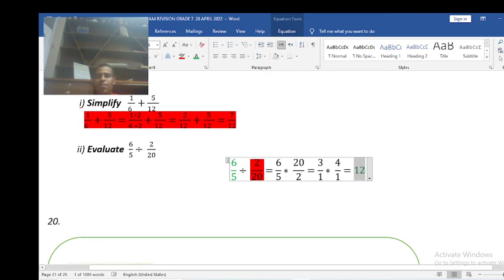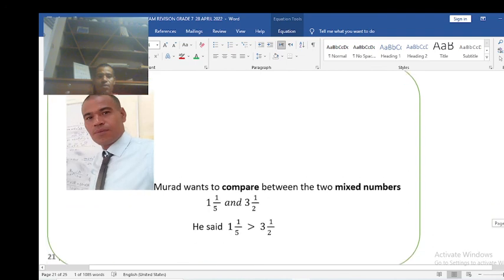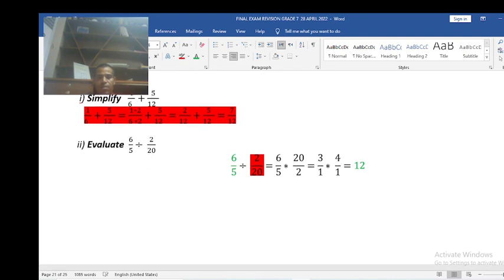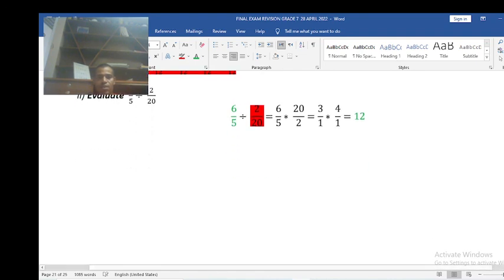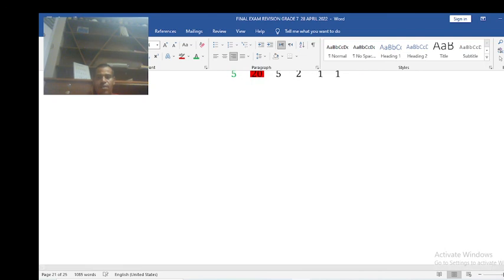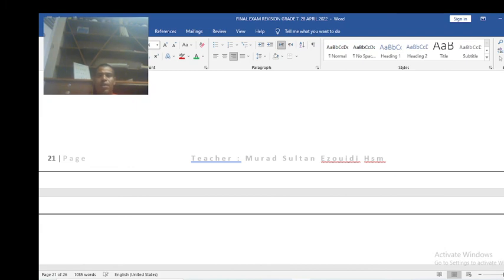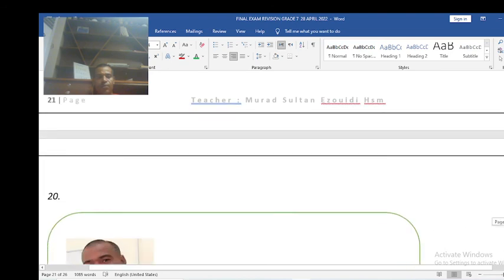Then we move to the next part, which is a very important part. I will make enter. I need a new page. Okay, now we can continue.